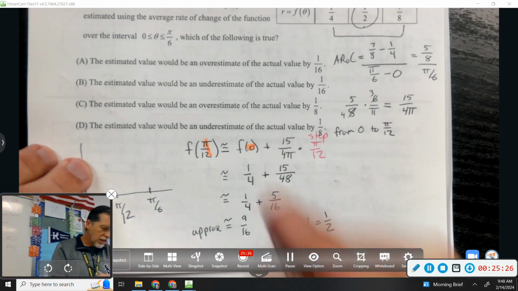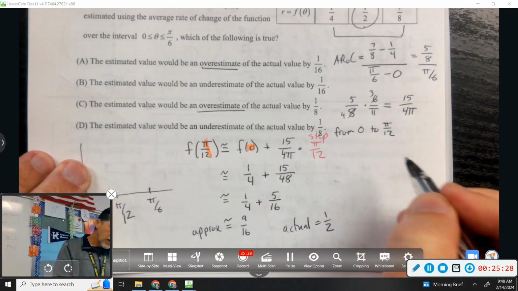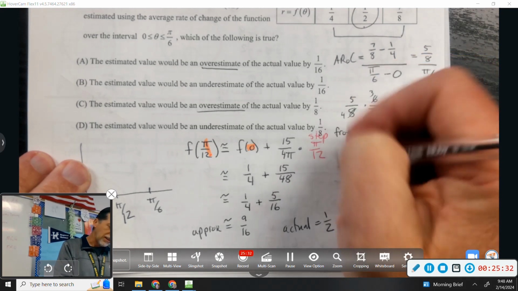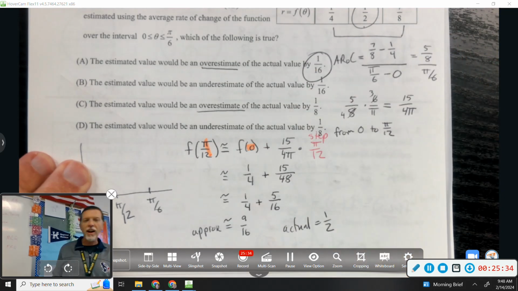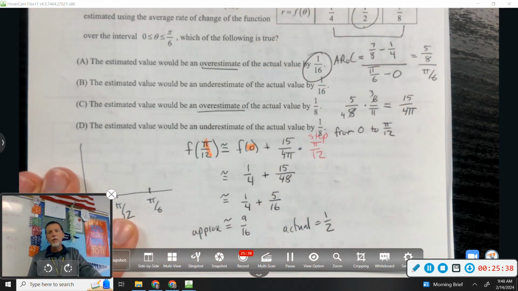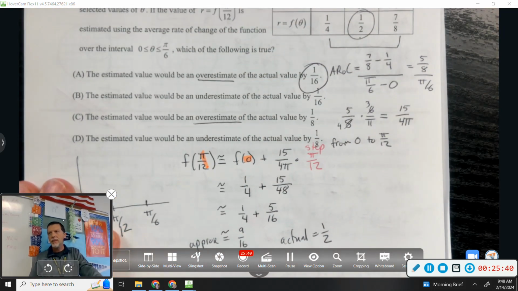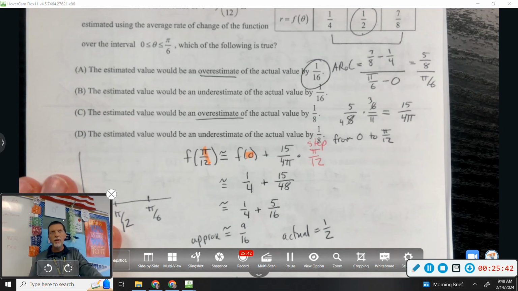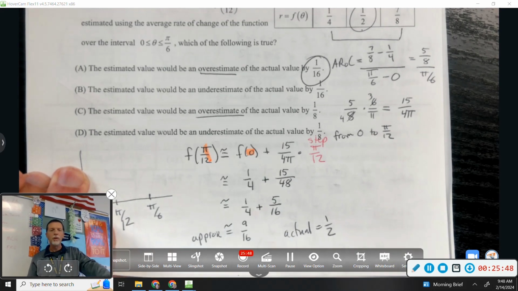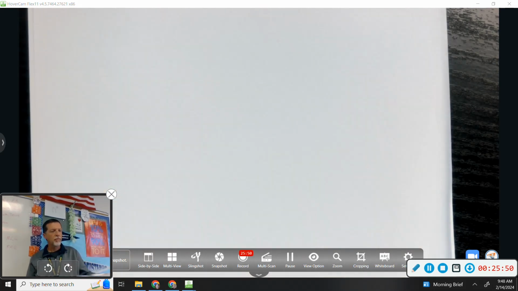So over by a 16th. Yeah, 9/16 to 1/2. Goodness, fractions are brutal. So I'm over by a 16th. The approximation would be an overestimate by a 16th. Oof, algebra. Fractions and pies.